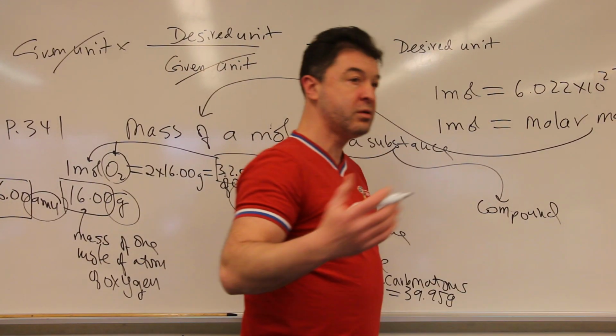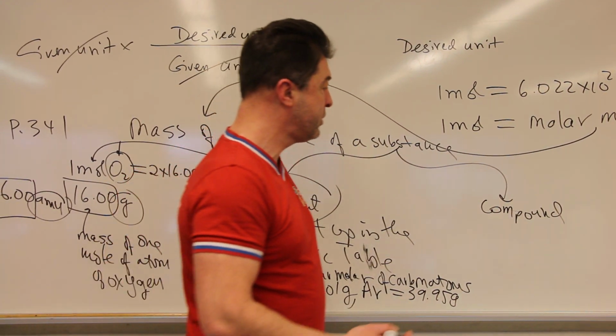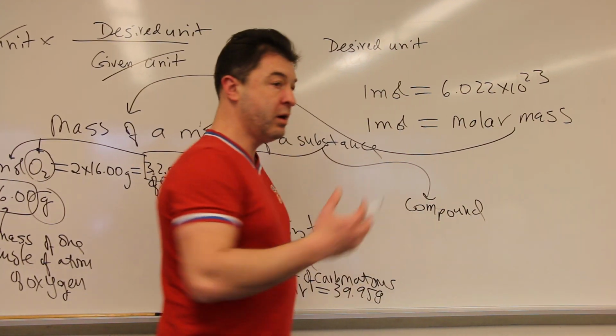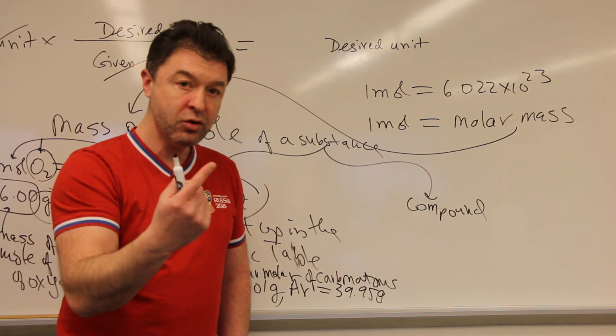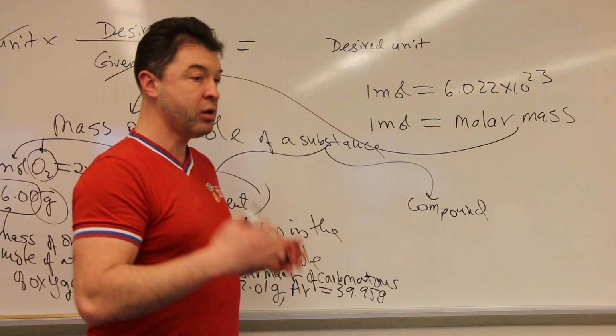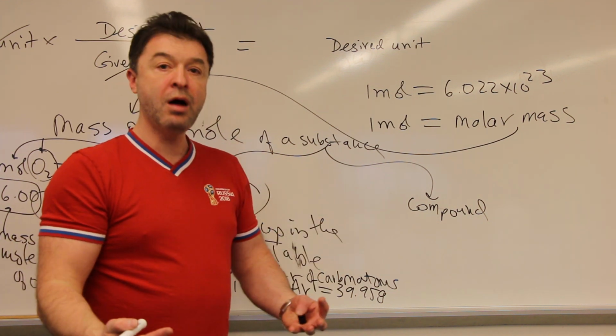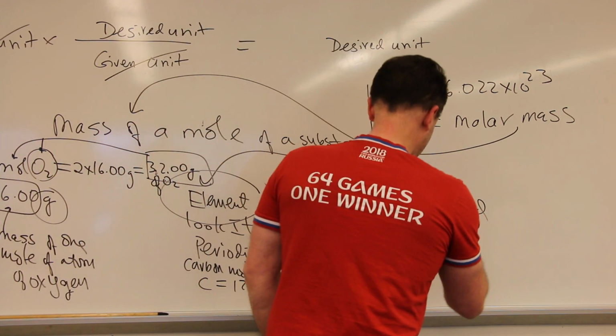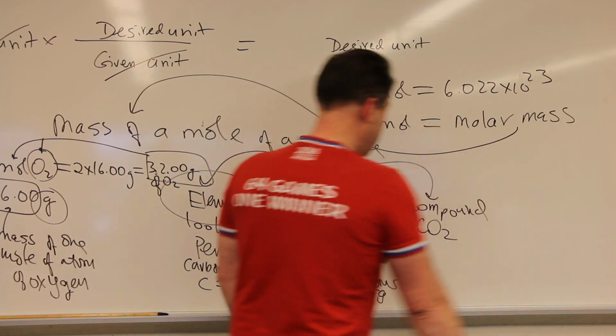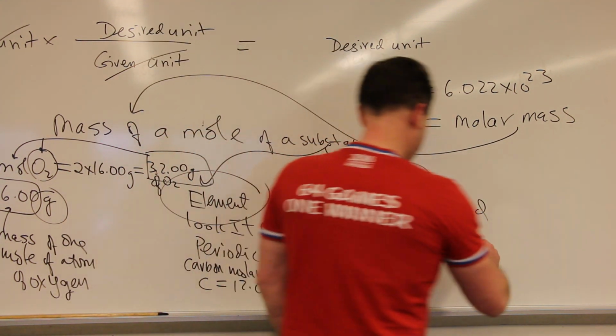Now, what about the compound? With a compound, we do it the same way as we did with the atomic mass units, but that was for determining the mass of one molecule. Now we're getting the molar mass of Avogadro's number of these molecules. Let's say I have a substance CO2, and we need to get the molar mass.